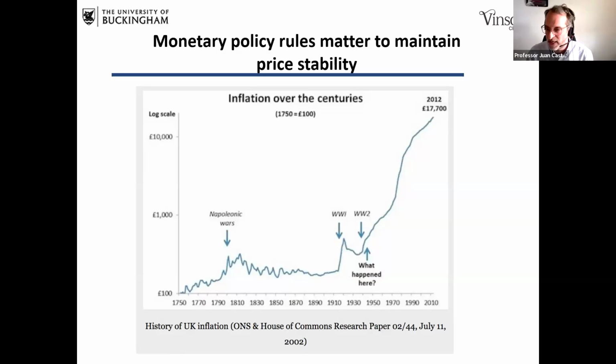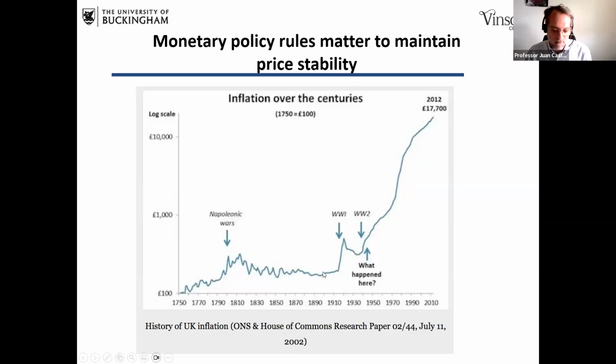That's how stable prices were over a period of 100 years. There were periods of inflation followed by periods of deflation and a mild deflationary trend at the end of the 19th century. But overall, a period of price stability.